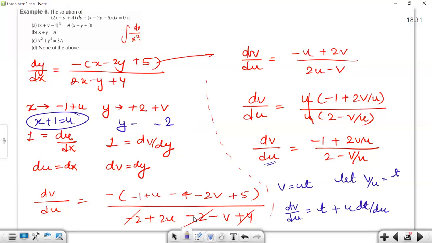And if you are thinking this question is so long, please don't think that this is a PYQ. This is an example from some book. Examples are normally built and made to let you understand the concept clearly.